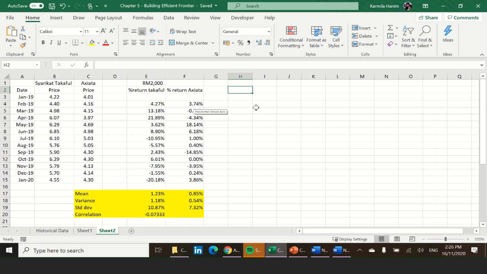Okay, so in order for you to evaluate alternative portfolio by selecting the best possible combination of return and risk, we can try this by creating hypothetical sets of portfolio. Okay, let's build some possible combination here.